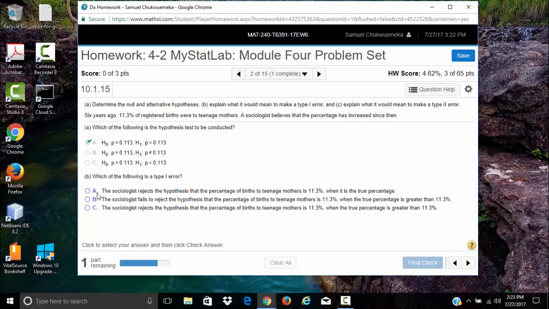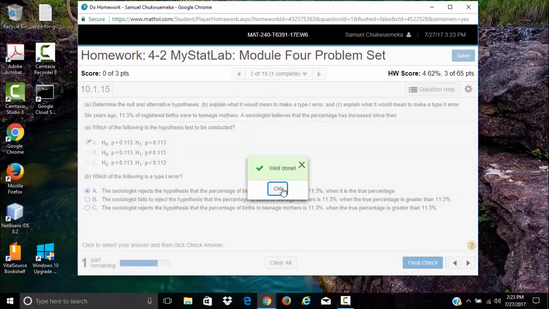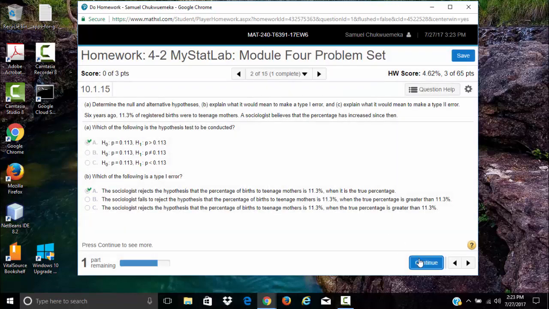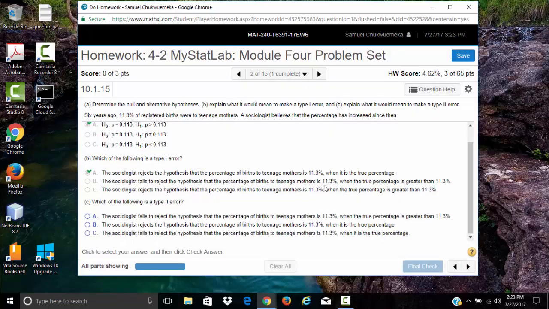If you read A and C, A says the sociologist rejects the hypothesis that the percentage of births to teenage mothers is 11.3%, which is 0.113, when it is actually the true percentage, and that is a type 1 error. Then type 2 error, I think that's the next question they will ask.